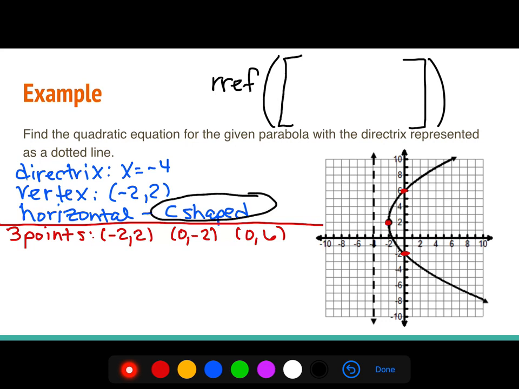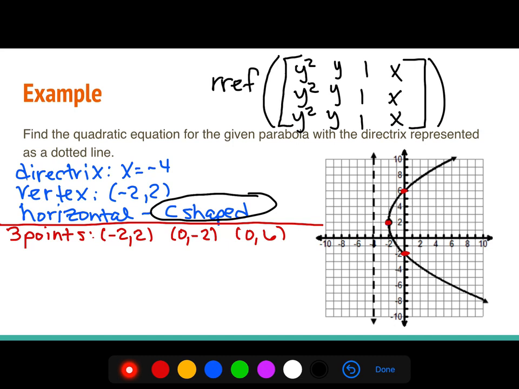So I'm going to write up here my changes. Now remember last time I told you we put x squared, then x, then 1s, and then y's. Well, I'm going to be a little bit different about it this time.